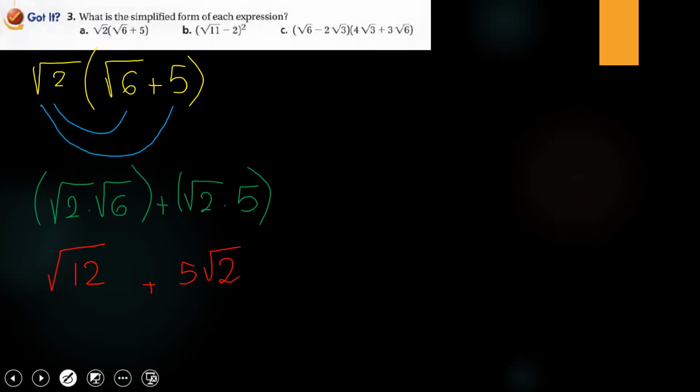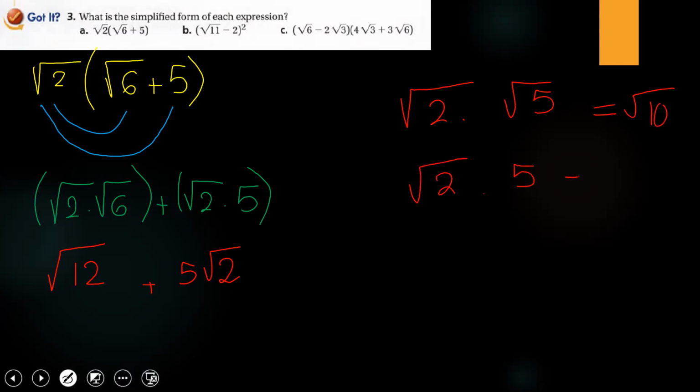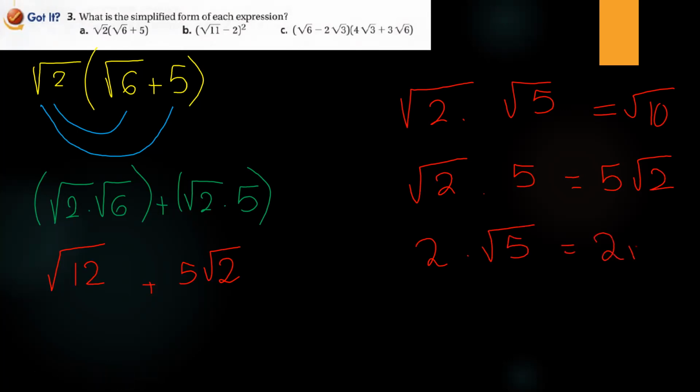Be careful. If you have square root of 2 times square root of 5, you say it's square root of 10. But if you have square root of 2 times 5, you say it's 5 square root of 2. And if you have 2 times the square root of 5, you say it's 2 square root of 5.